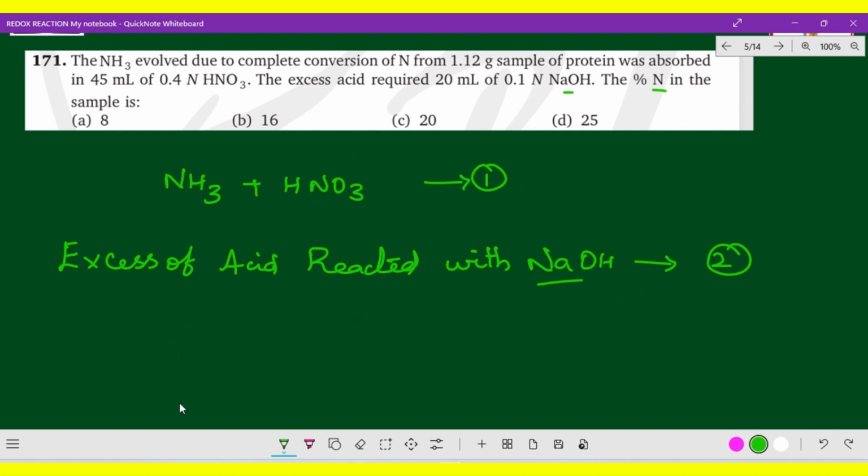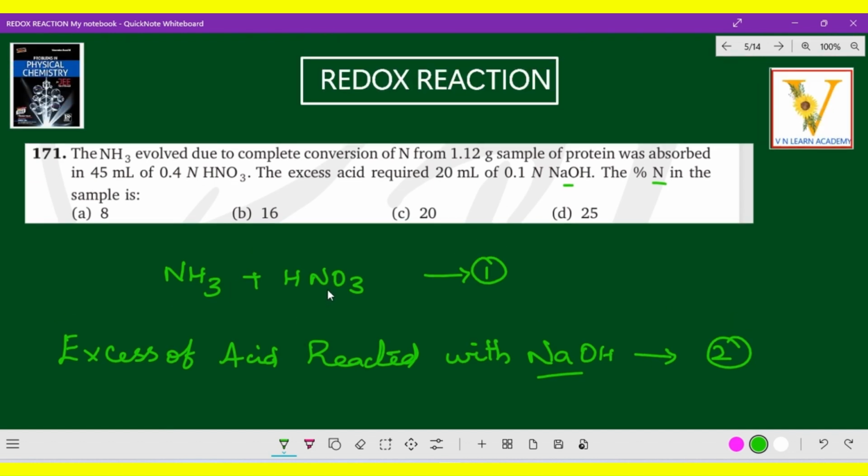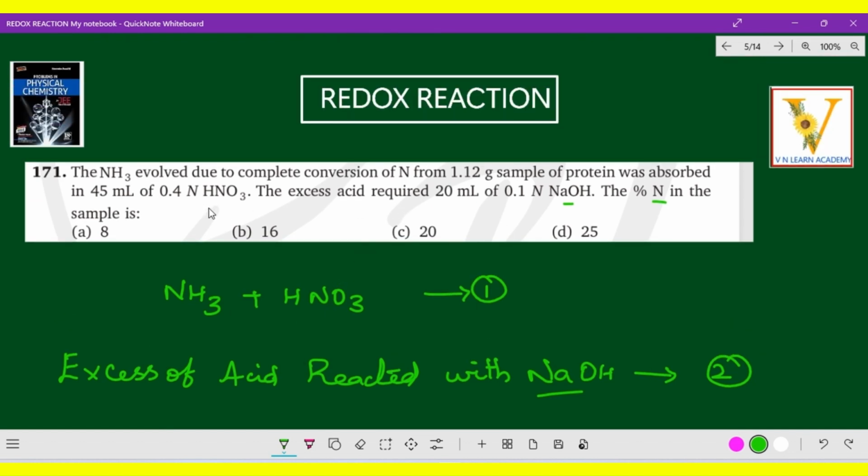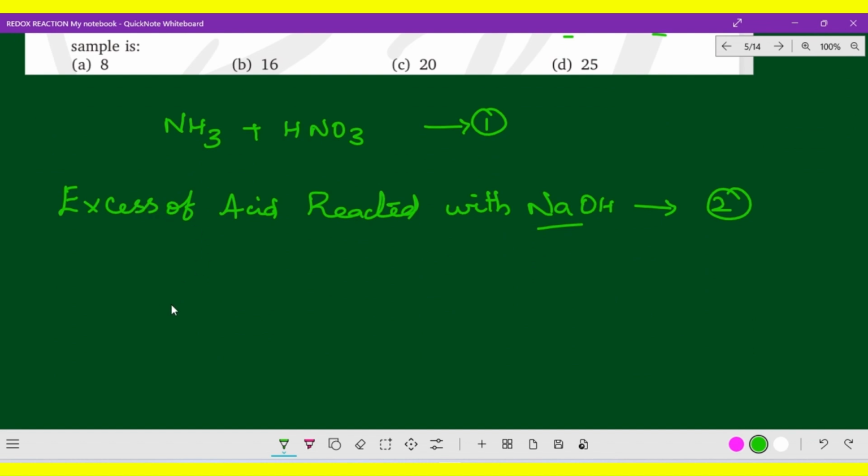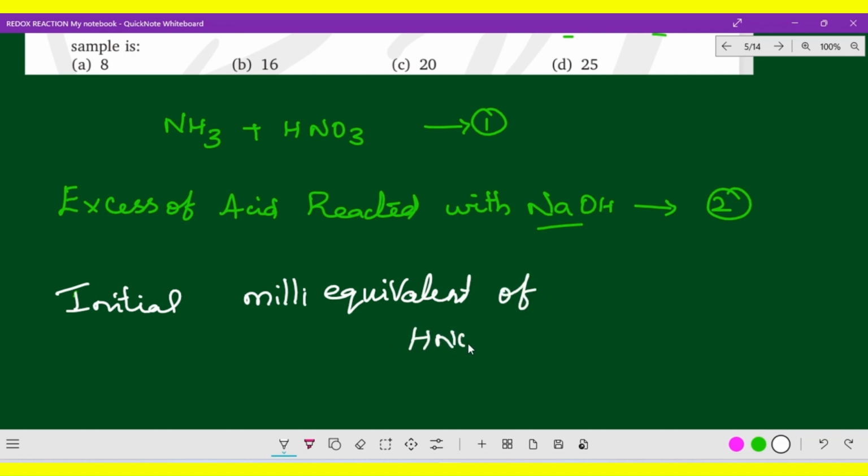Here, the normality of nitric acid is 0.4 N, and the volume is 45 ml. When we go for equivalent, it means volume into normality. Now let us identify the initial milli equivalent of HNO3.